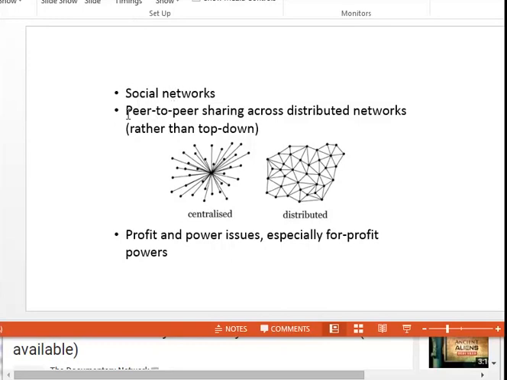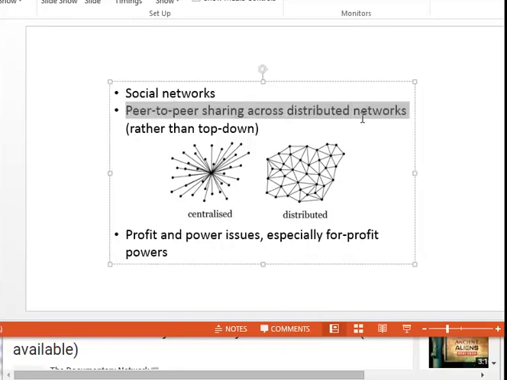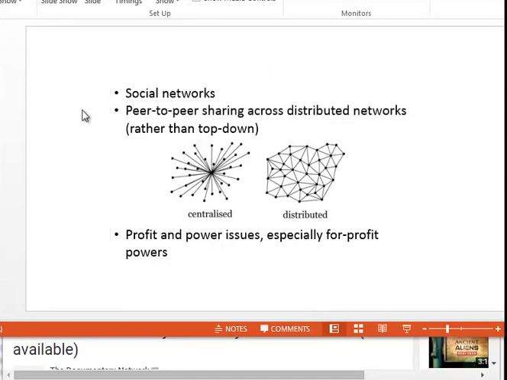Social networks, peer-to-peer sharing across distributed networks. This is an important thing that comes up in the movie, and you might remember in module 1 that we watched that TED Talk by Tom Standage, who covered this notion as well. There's this idea of centralized versus distributed information dissemination.